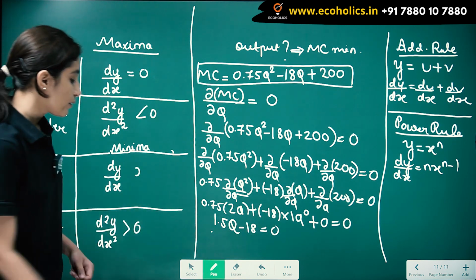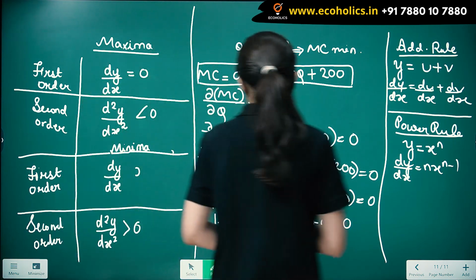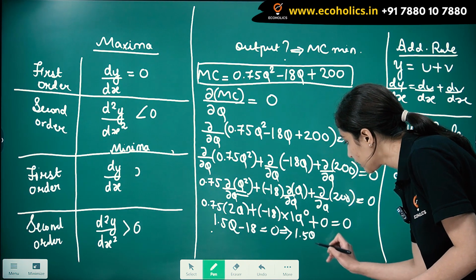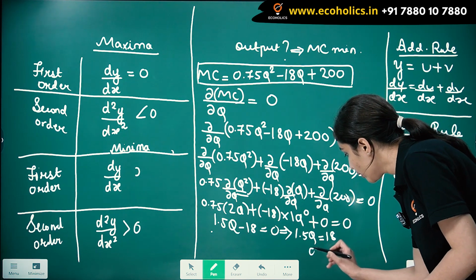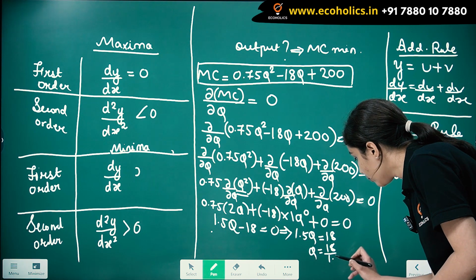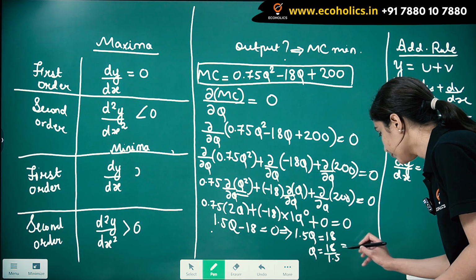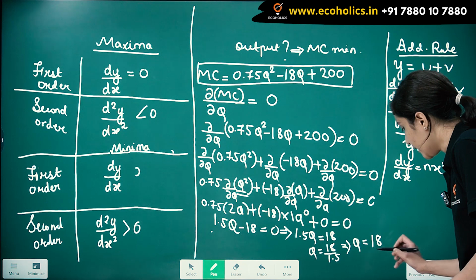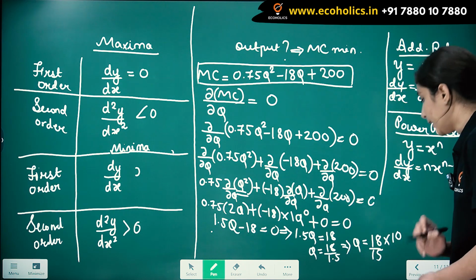So we get 1.5Q is equal to 18, and therefore Q is equal to 18 divided by 1.5, or we can also write this as Q is equal to 18 by 15 into 10.